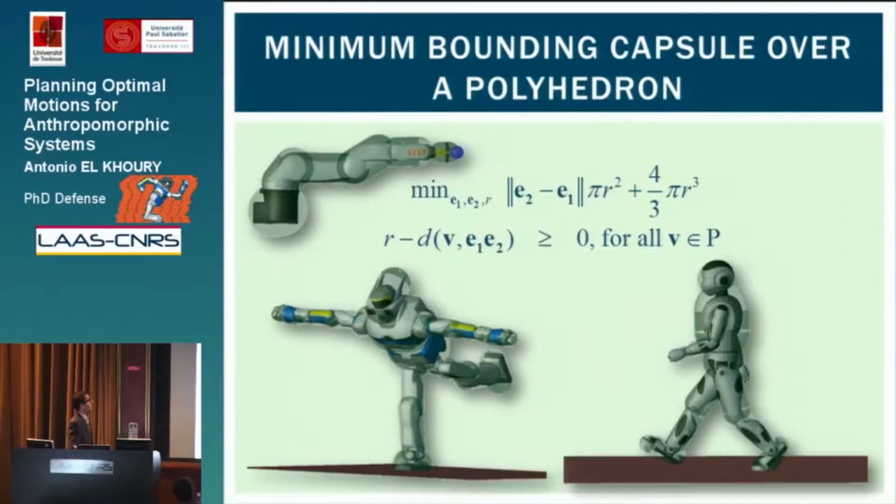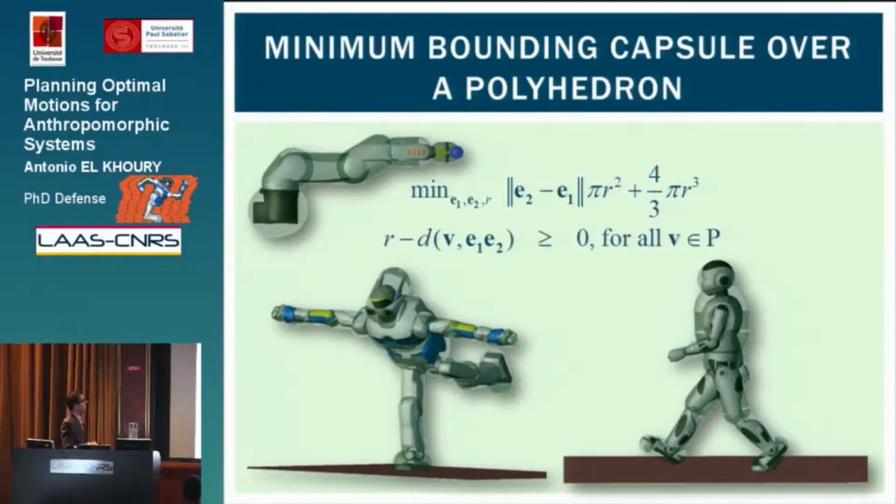Now, to avoid setting by hand each capsule's parameters for each body of the robot, we propose to solve an optimization problem for each body, where we minimize the volume of the capsule. So we look for the capsule parameters that minimize the volume, while making sure that the points of the underlying mesh remain inside the capsule, because we want to find a bounding capsule which is conservative.